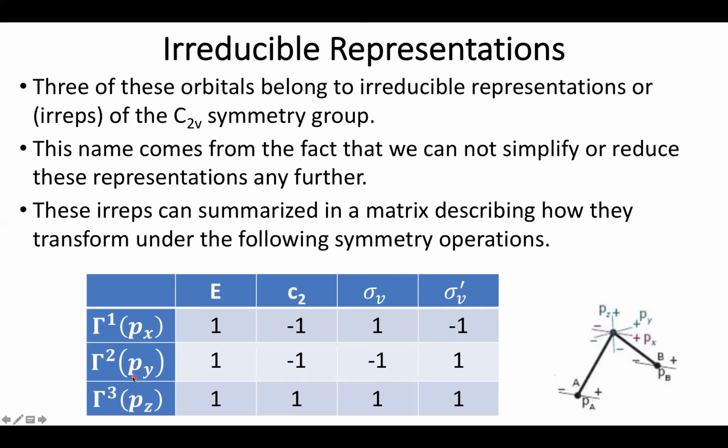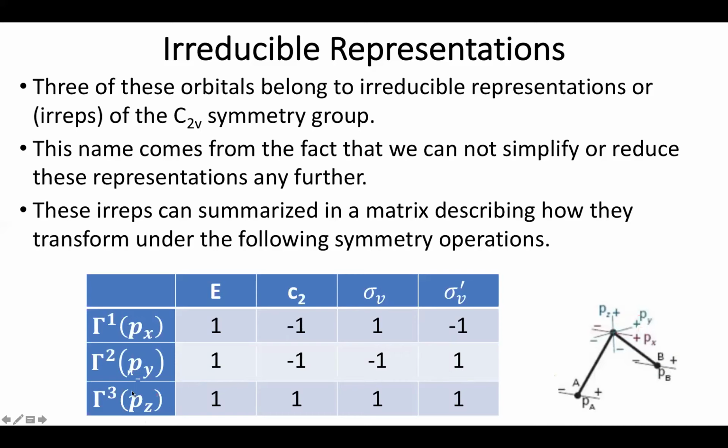So then we can do the same thing for my py orbital, which will maintain sign under the identity, as always, and it flips sign under a 180-degree rotation or a reflection across the sigma v axis, giving -1 values for each, and retains the same sign when it's reflected across the mirror plane in the plane of the molecule, thus a value of 1.